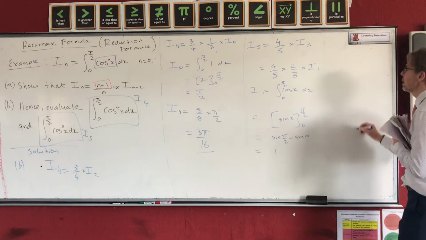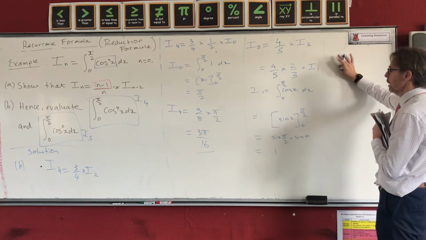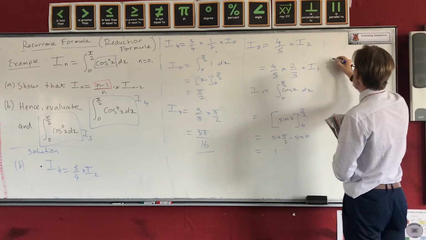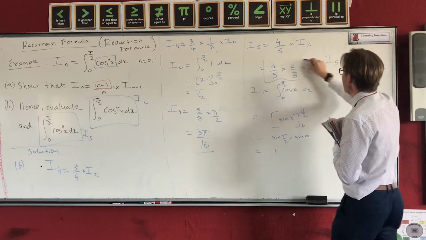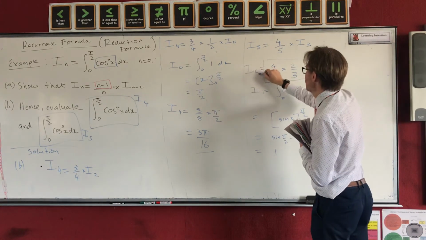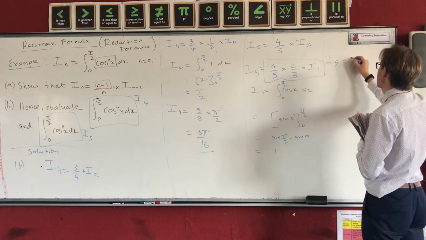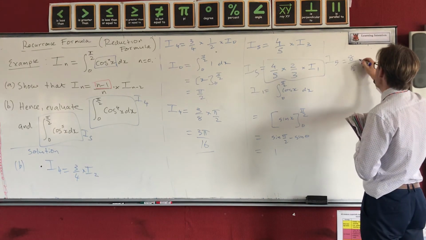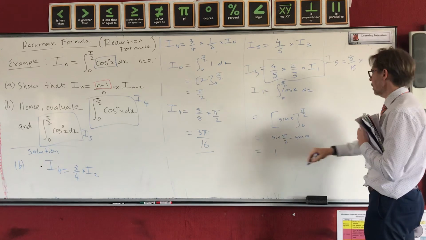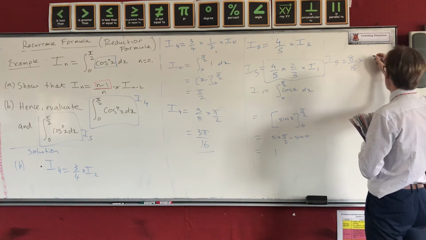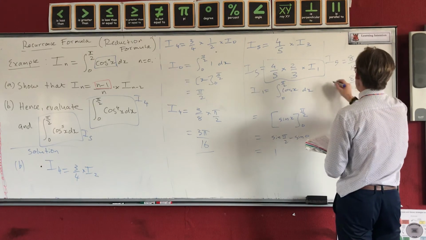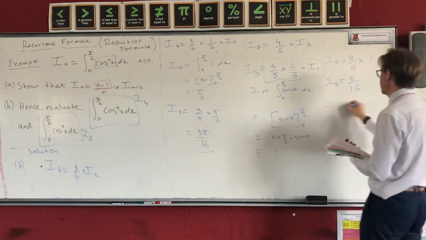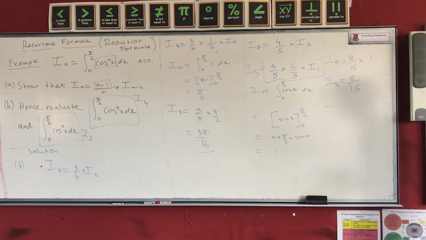So I5 is what I had to find. It's going to be 8 on 15 times I1. I1 is just 1, so you're going to get 8 on 15 is I5. Make sure you copy all that down.